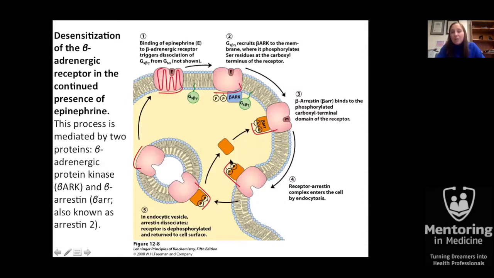And as a result of that binding, it will initiate endocytosis of the epinephrine receptor into a vesicle within the cell. And then once the beta arrestin has dissociated, the epinephrine receptor will move back into the cell.